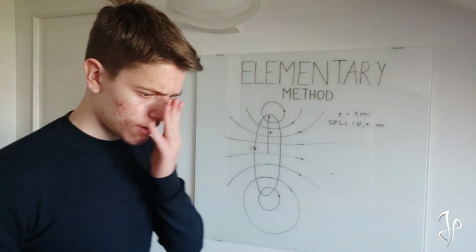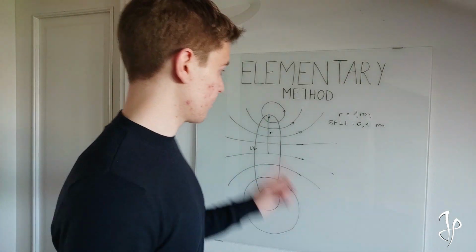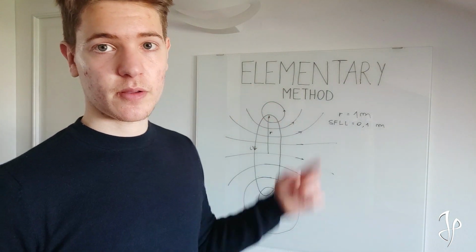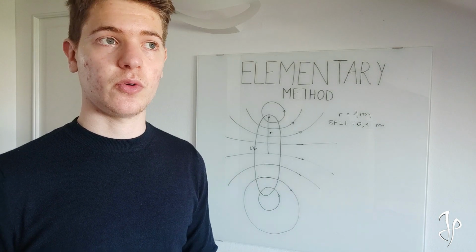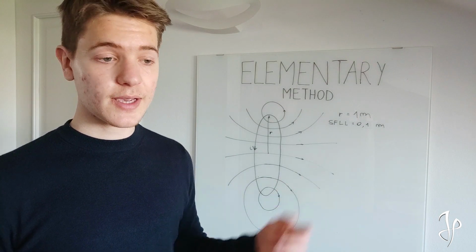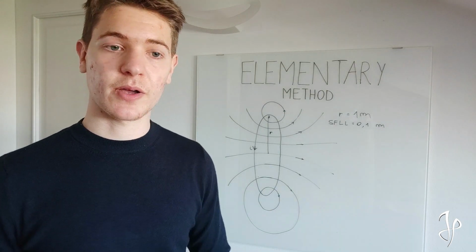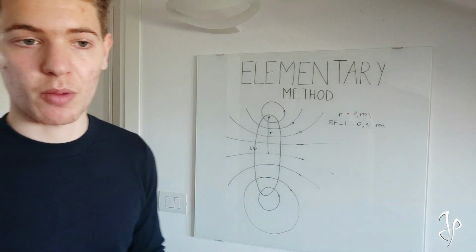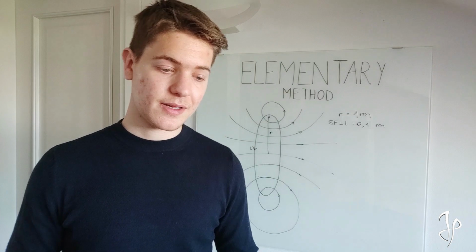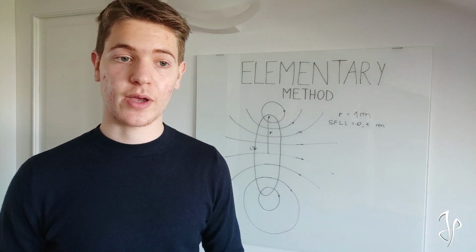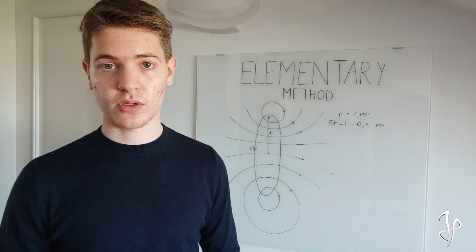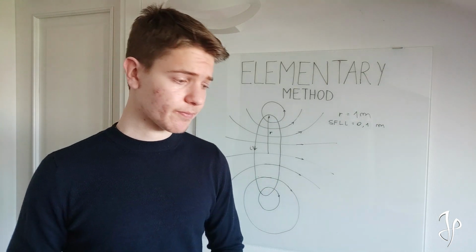So the first method I want to analyze is the elementary method, and I called it elementary because it is probably the first solution you can think about in order to solve the problem.